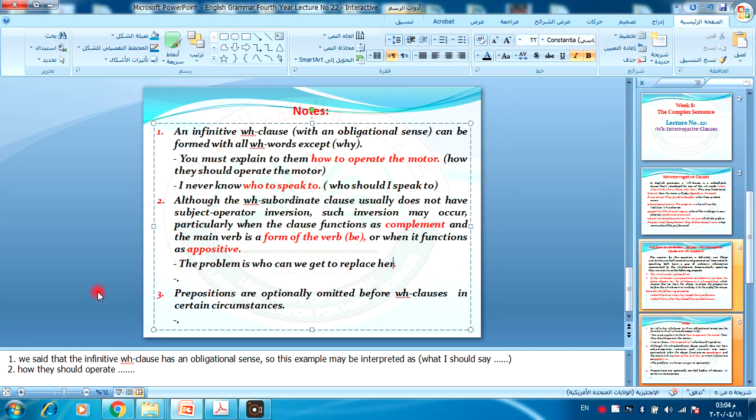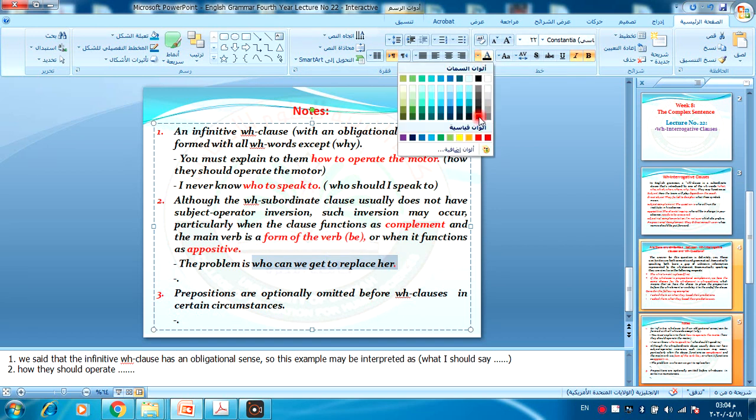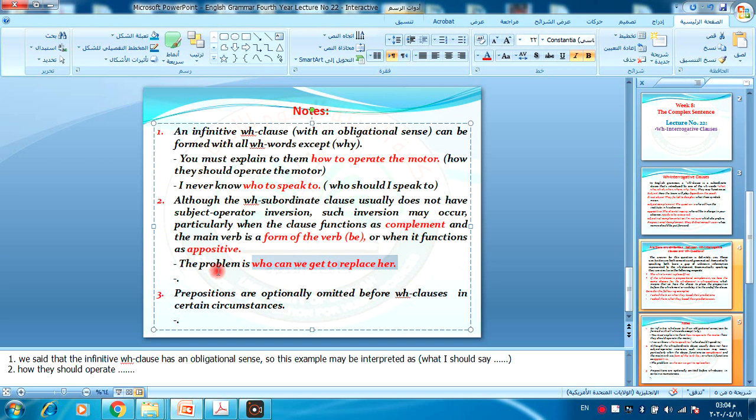Now let's look at the clause. Who can we get to replace her? It is a subject complement. So condition 1 is achieved. Now condition 2: the main verb is a form of the verb be. So this time we can have a subject-operator inversion. That's why we say the problem is who can we get to replace her.